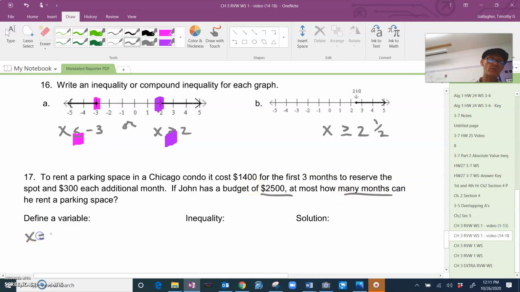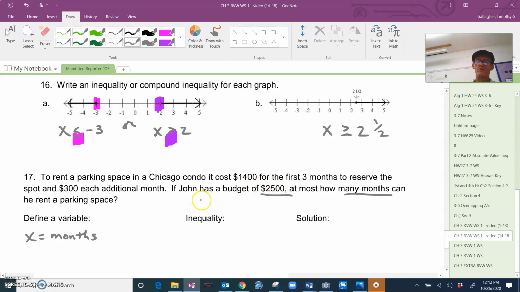So x equals months because the question says months. Now what I'm going to write is the inequality like this. I'm going to take that 1,400 and subtract it from the 2,500 and get 1,100.